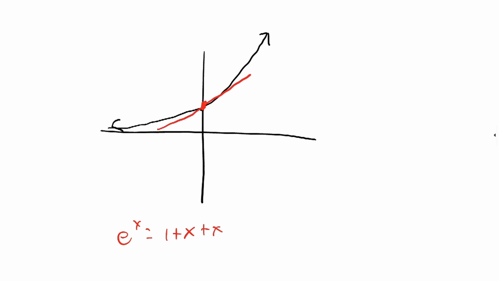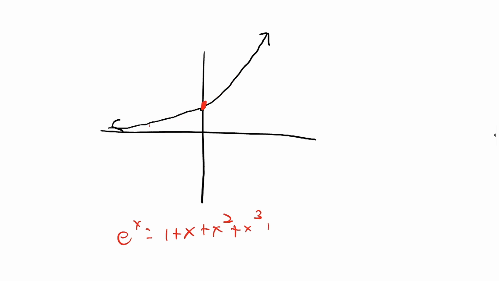Then it's going to be plus x squared, so we get rid of this line, and it's going to be something like this. Then plus x cubed, which is going to be something like this.